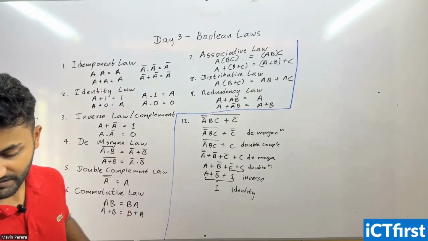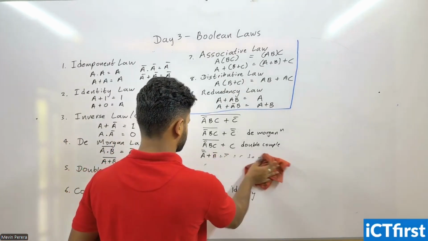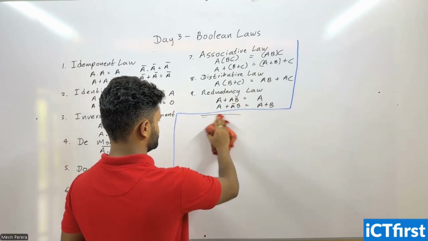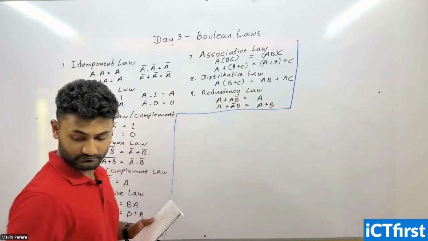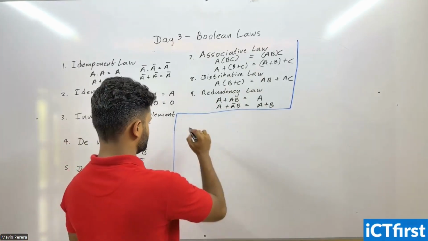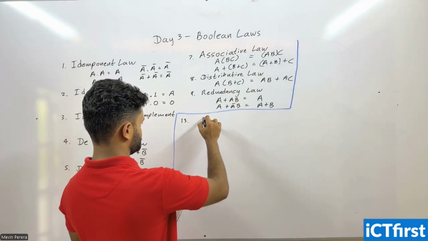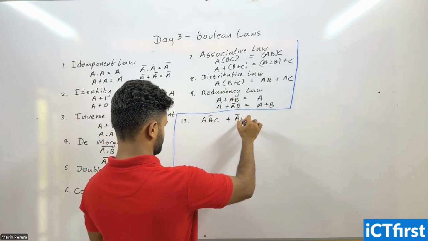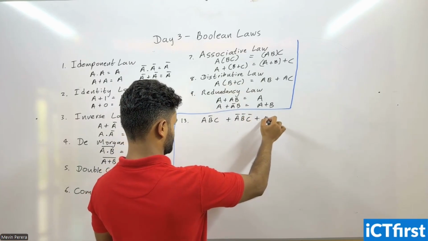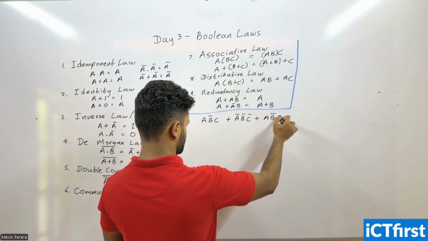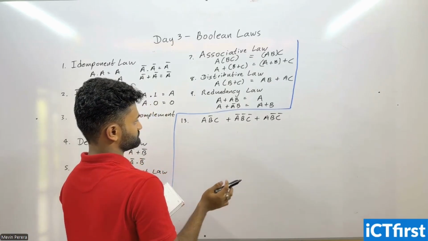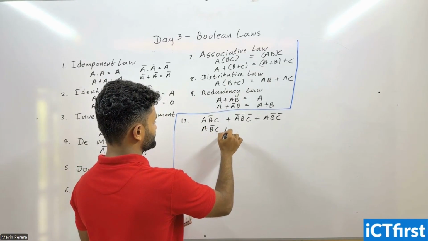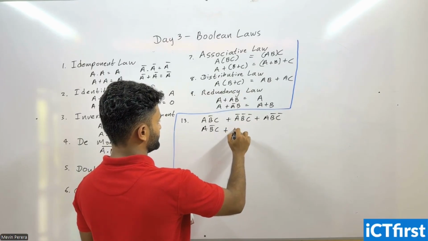All right. So let's go to the 13th one. So in this case, what I am seeing straight away is B bar C bar is common.